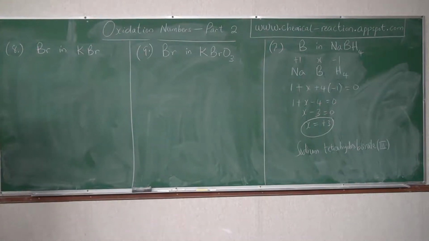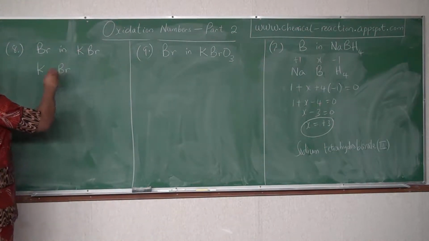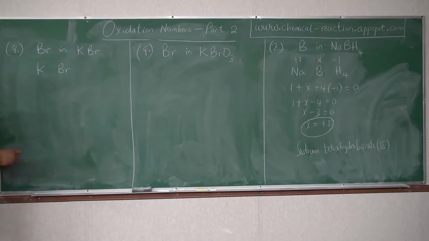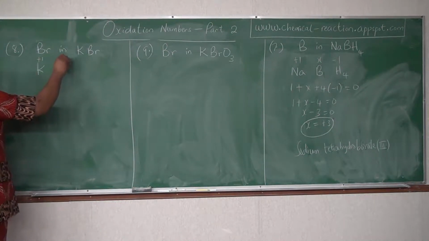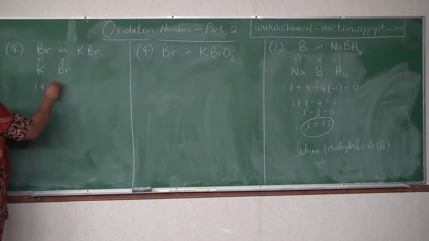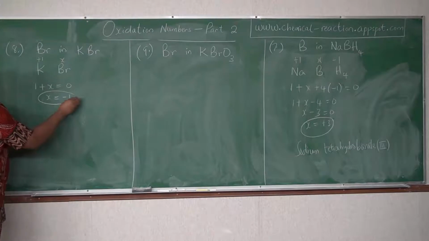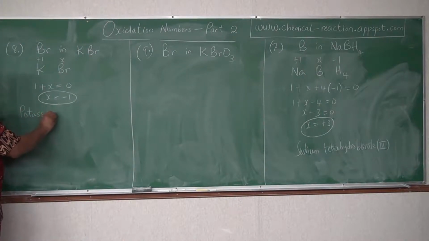Okay, here, let's write it out. Potassium and bromine. Potassium, of course, we know is +1. Bromine, let it be X. So we just have that 1 plus X is 0, X is -1. That is this. And this is just potassium bromide.